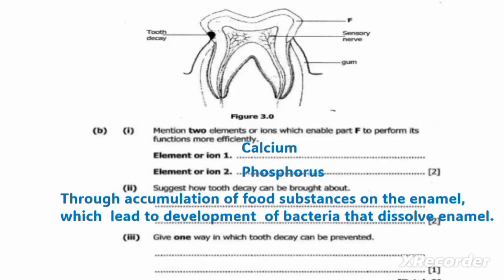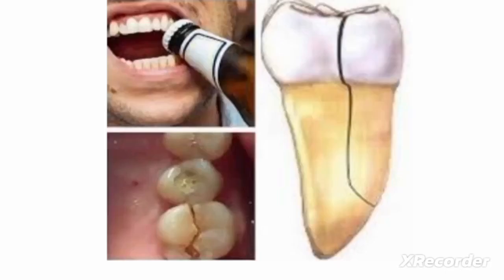So tooth decay can be prevented by brushing teeth 3 times a week. Avoid opening bottle tops using teeth.